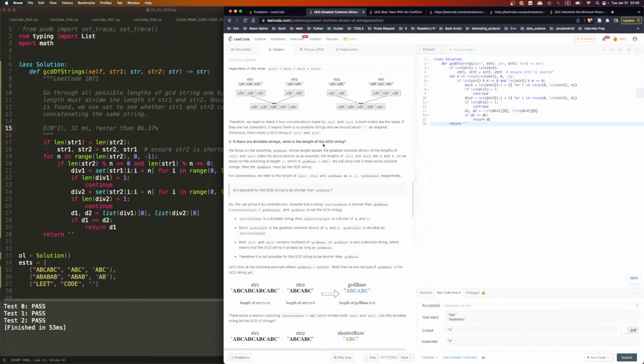What's the proof? We say if there is a string shorter than GCD base, and how did you prove a contradiction by saying it's shorter than GCD? We just say if there exists something larger.